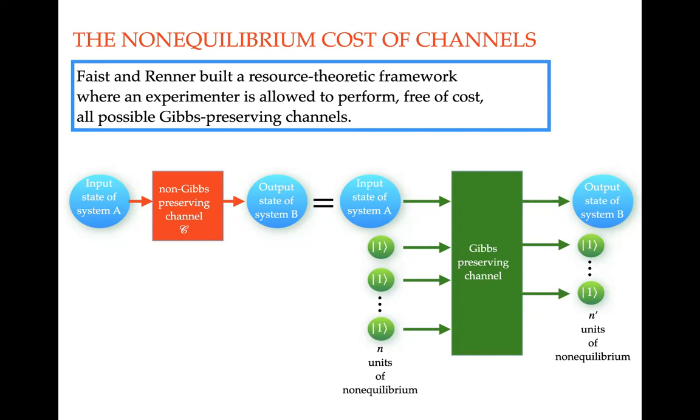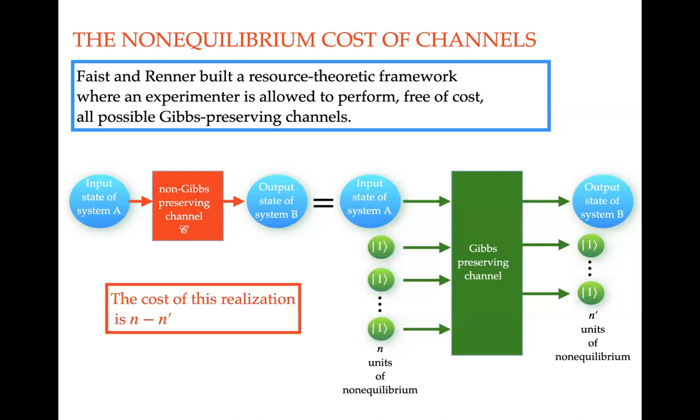So if you started with n units of non-equilibrium, with n pure fully degenerate qubits, you end up with n prime, and the difference between these two quantities would be the amount of the cost, the amount of resource that has been consumed in realizing this channel C. So the cost of this particular physical realization would be n prime minus n.